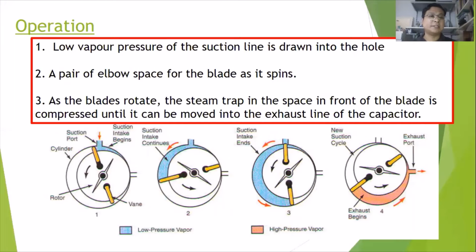there is less vibration. And then the operation: low vapor pressure from the suction line is drawn into the hole, and then the second one, a pair of elbow spaces for the blade as it spins. As the blade rotates, the vapor trapped in the space in front of the blade is compressed until it can be moved into the exhaust line of the condenser.